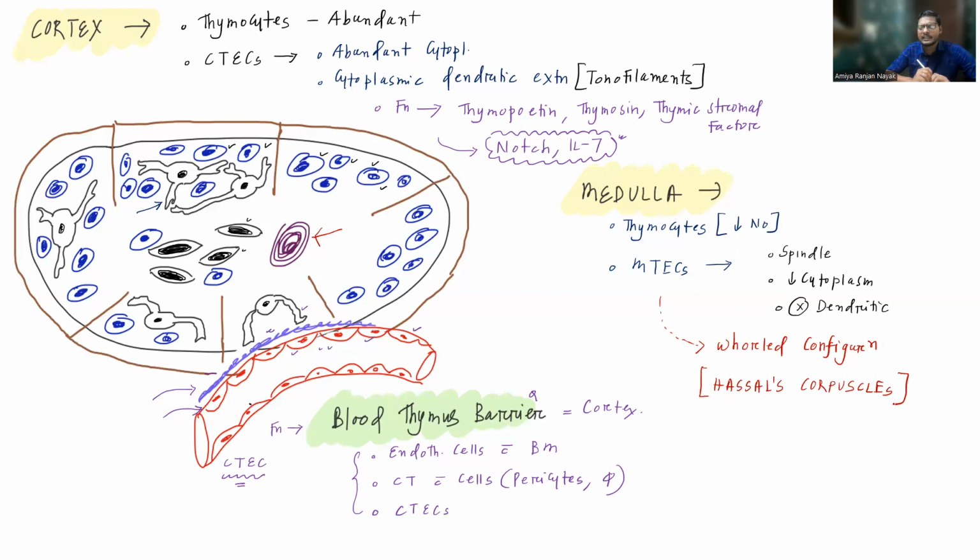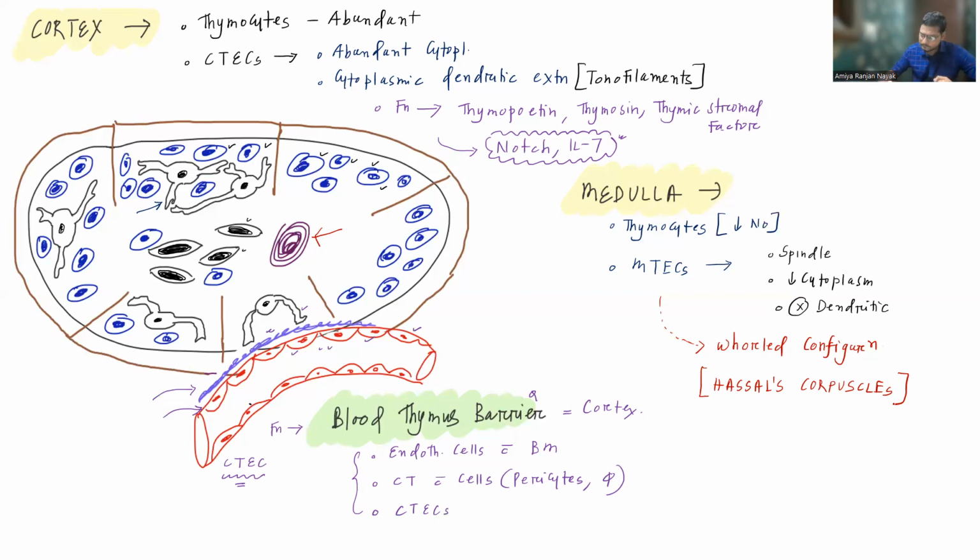These are thought to be remnants of epithelial tubes of the pharyngeal pouches from which the thymus is developing, especially the third pharyngeal pouch. So this is the defining feature of the thymic medulla, where we are going to find these Hassall's corpuscles.